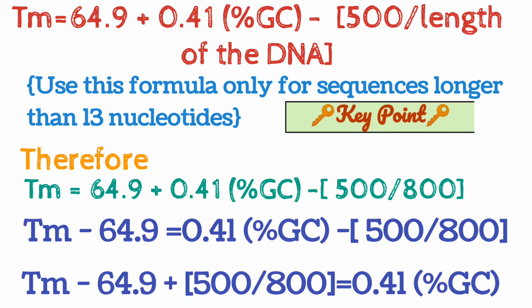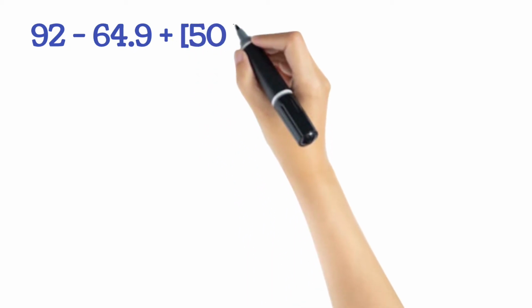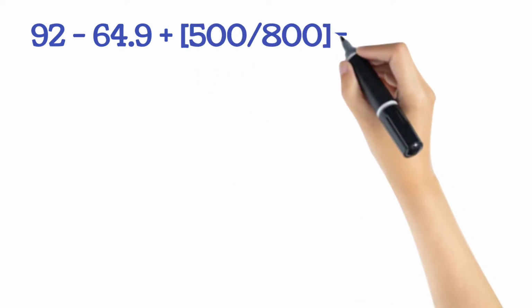So it will be positive. The equation will be Tm minus 64.9 plus 500 by 800 is equal to 0.41 percent GC. Now put the value of Tm, it is 92 degrees centigrade. So 92 minus 64.9 plus 500 by 800 is equal to 0.41 in bracket percent GC.